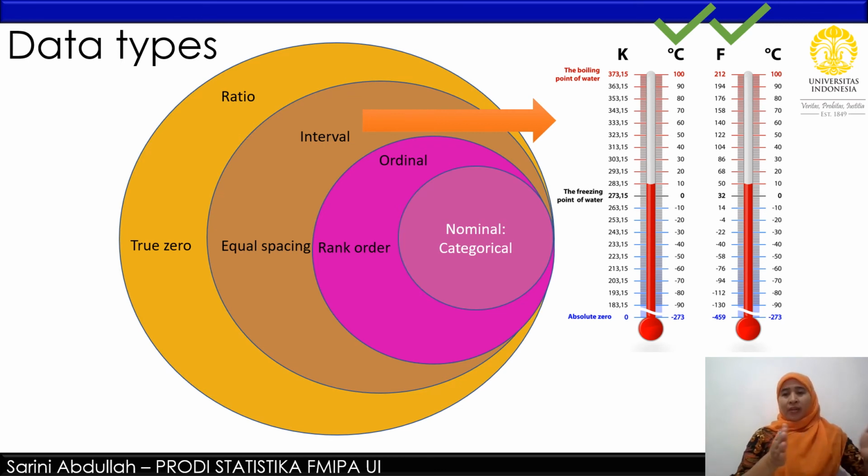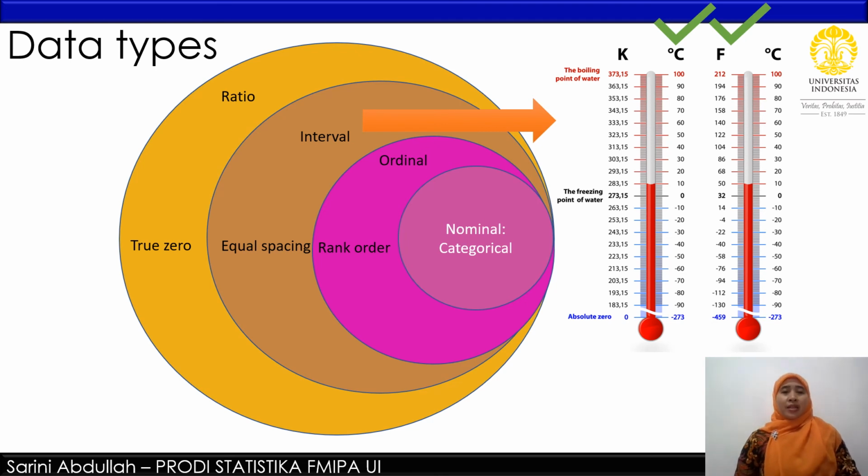So the length of the interval for one category is 60, while the length of the interval for the other category is just 5. So the lengths are different. That's for the ordinal, but for the interval scale it's improved. They have the same length of interval from one value to the next.